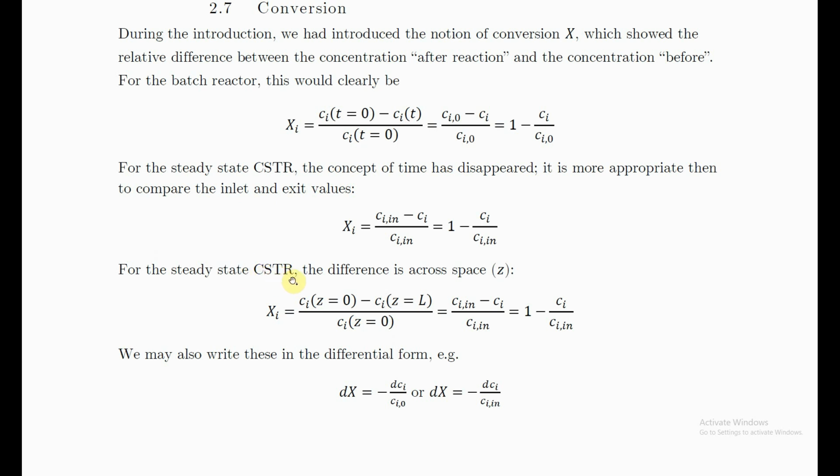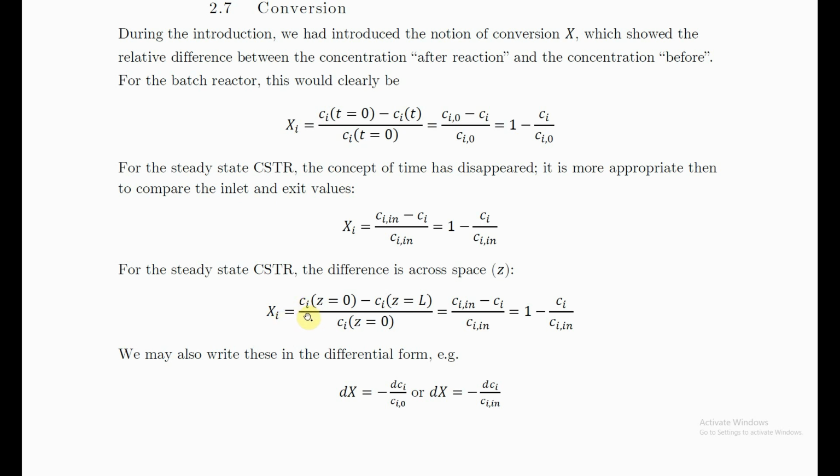So for the PFR, we are looking across this variable Z. We have some inlet concentration, and then at the end, when Z equals L, the length of that tube, we have some other concentration. So the difference in those concentrations divided by the inlet concentration, that's the definition that's appropriate in the case of the PFR.